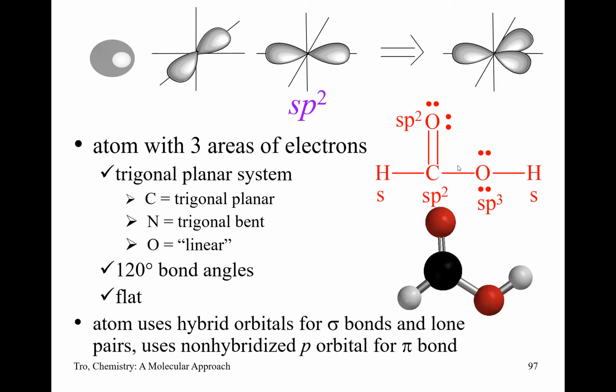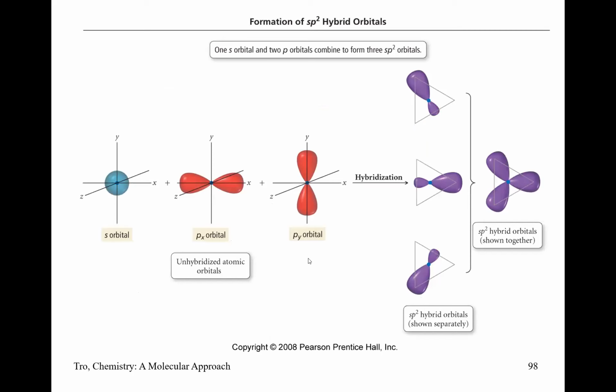And then here's the Lewis structure way of presenting it. They chose oxygen, but you could make this nitrogen and, if it wasn't a hydrogen, you could do something else with it. Okay, so then what do the orbitals look like for that hybridization?